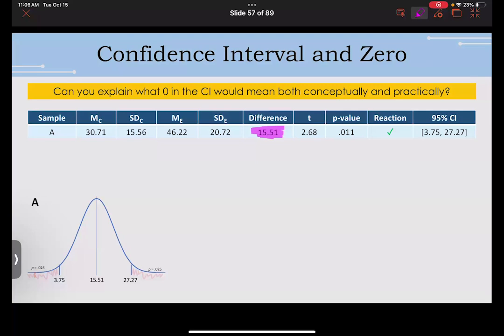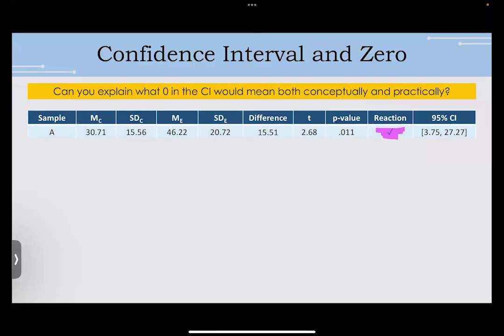So it would be no difference. So essentially what we're saying is it's not at all that there's no difference here. And that always corresponds with the p-value. If our confidence interval does not include 0, then we are going to conclude statistical significance.